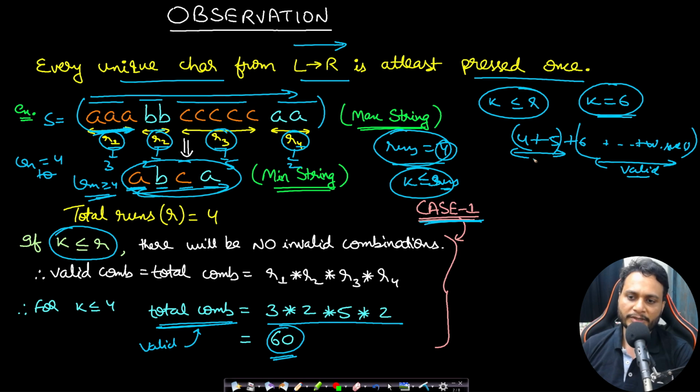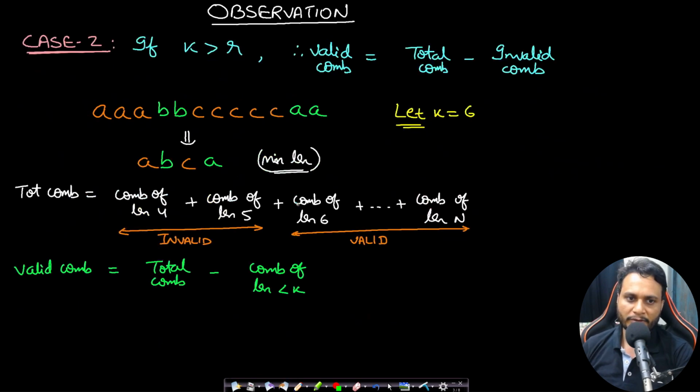From the total combinations, calculate the invalid strings, remove them to get the valid strings. That will be your idea for case number 2, where if k is greater than r, then the valid combinations will be total combinations minus invalid combinations.